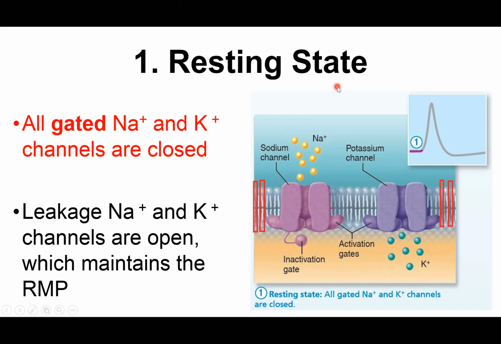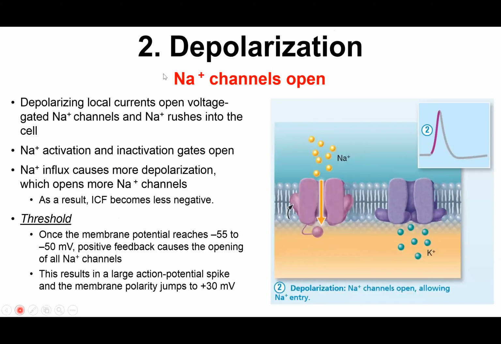So our membrane here is going to be charged at minus 70. So during resting state, we are at minus 70 millivolts, okay? And all the gates are closed, right? And then depolarization happens.